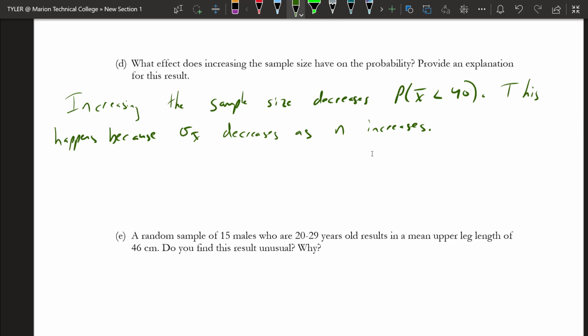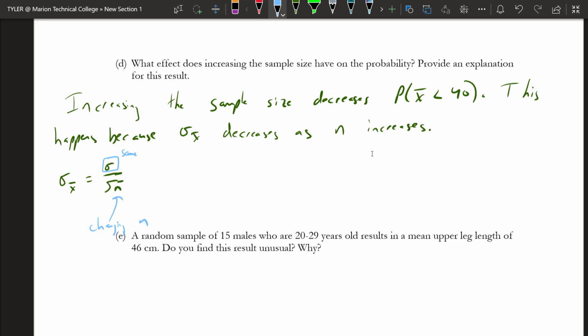Right? So in other words, if you think about the equation for sigma of x bar, that's equal to sigma divided by the square root of n. So what we're talking about doing is leaving this number the same and changing n. What happens to the standard deviation?